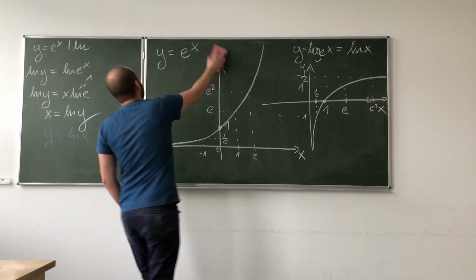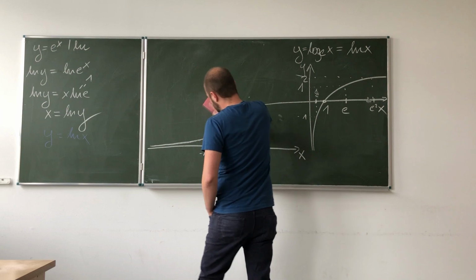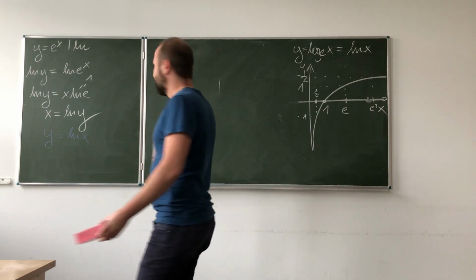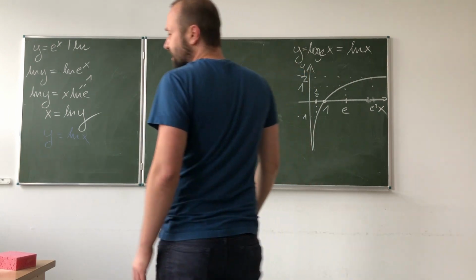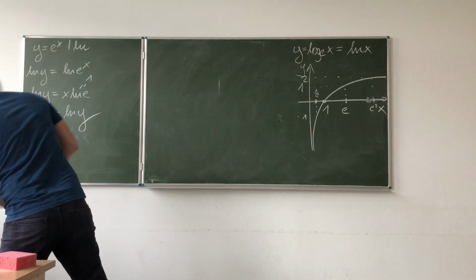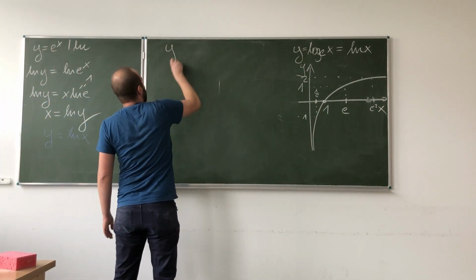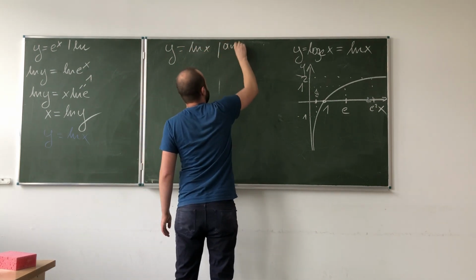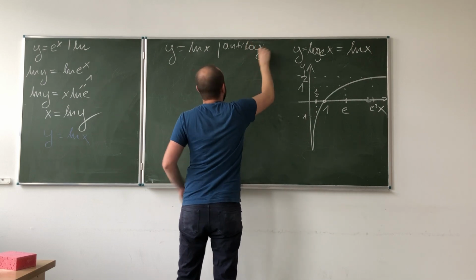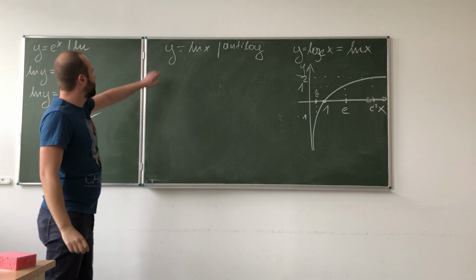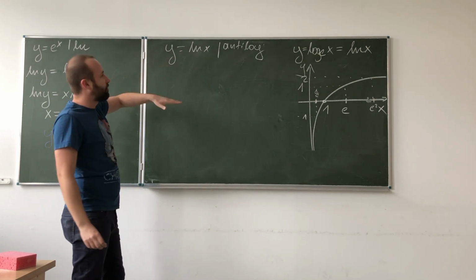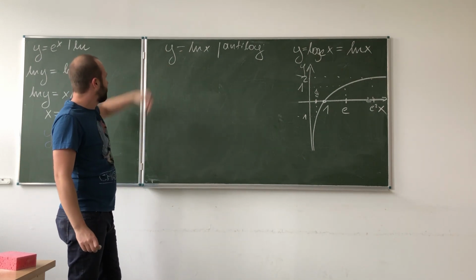Now, exactly the same line of reasoning can be used if we start with natural logarithm. If I have y equals ln x, I can say anti-log. Anti-log means that basically I use both of these sides as powers, exponents for e.